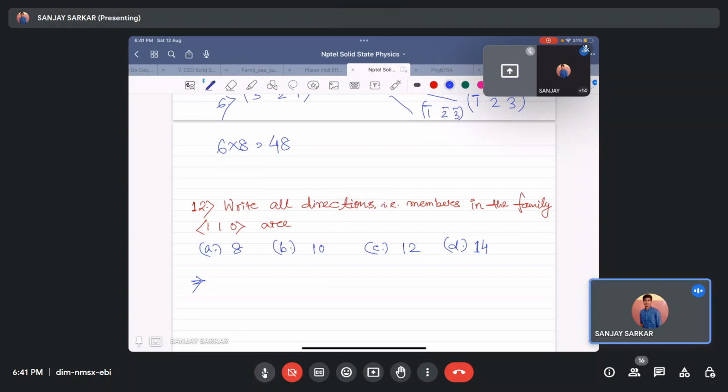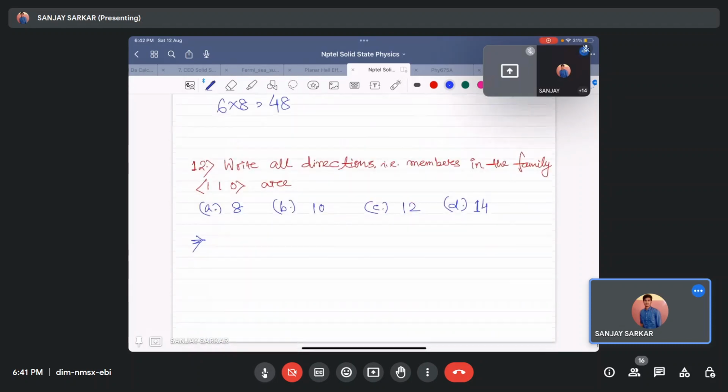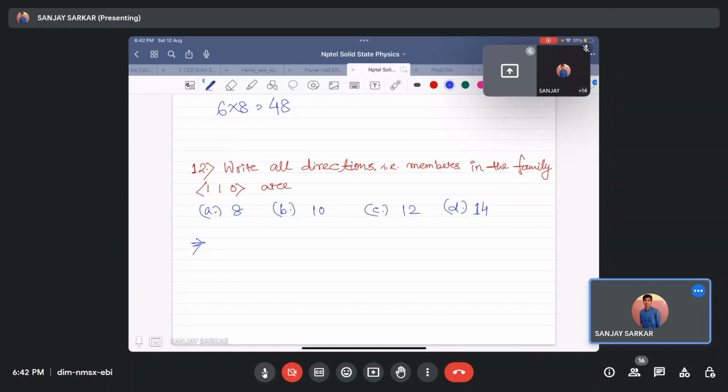Have you calculated? Same way you have to do it as I did for the previous question. So you have 1 1 0, then how many combinations can you write? 1 1 0 is there, then you can write 1 0 1 and 0 1 1.